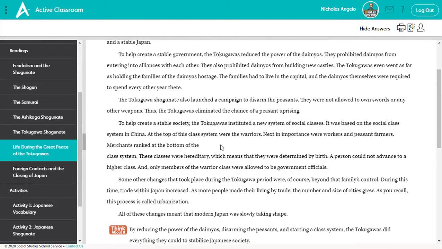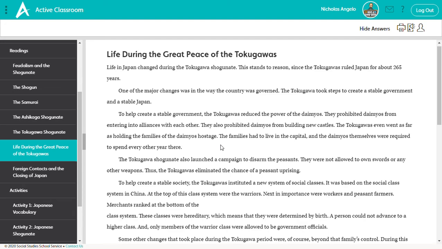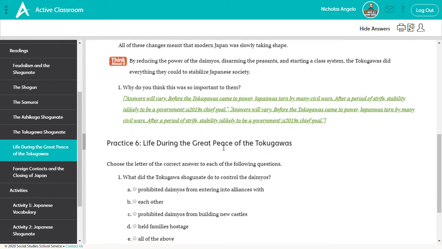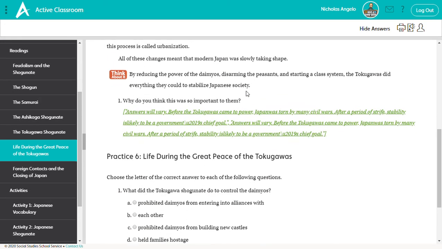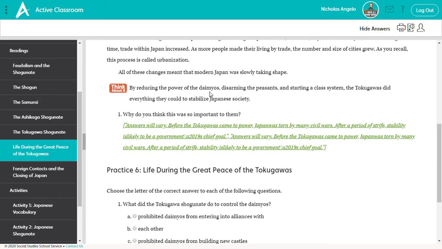Speaking of the Great Peace, the next section talks about life during the Great Peace. First thing they asked you up here was to think about taking power away from the daimyos, disarming or taking weapons away from peasants, and starting a class system. The Tokugawas did everything they could to stabilize Japanese society, to stop there from being so much fighting. The question asks, why do you think this was so important to them? Well, think about it.